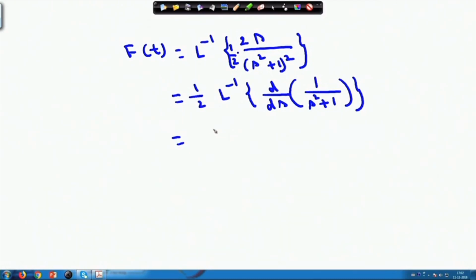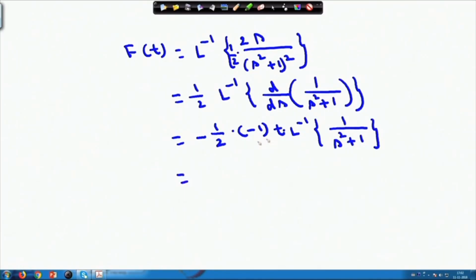And this is equal to minus half into minus 1 to the power 1 into t into Laplace inverse of 1 by s square plus 1, from this d/ds. This becomes t by 2, and Laplace inverse of 1 by s square plus 1 is sin t.